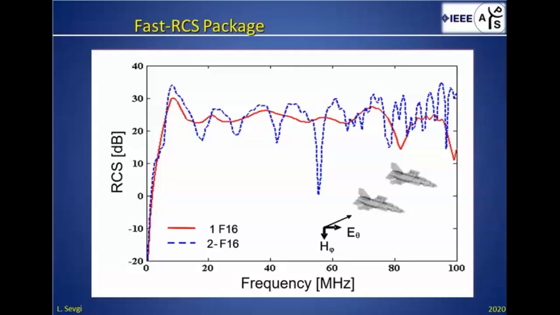So RCS simulations and RCS measurements must be performed at every single frequency because the electromagnetic scattering phenomenon is very complex. It is not easy to predict the others from a few measurements.